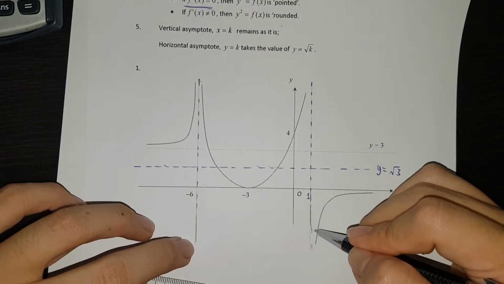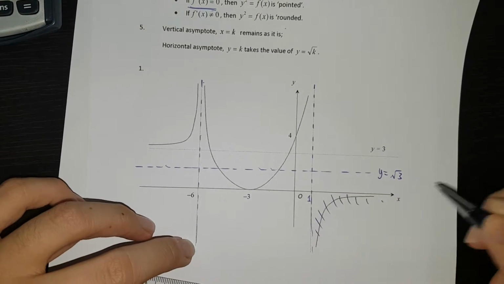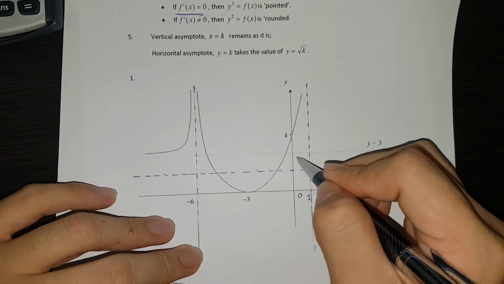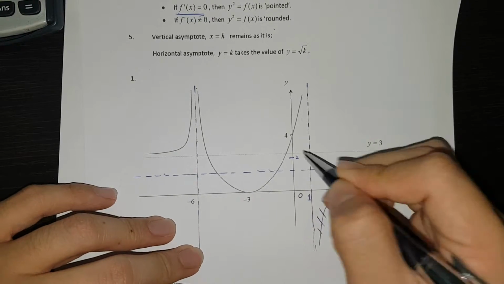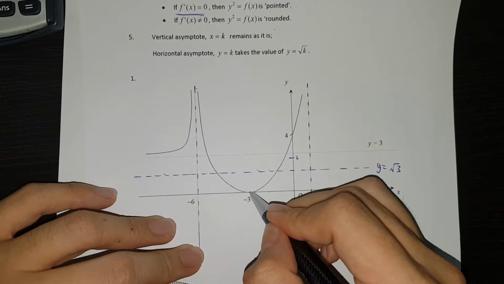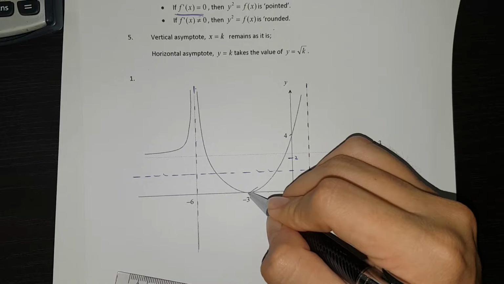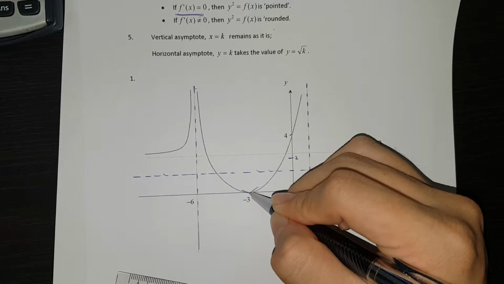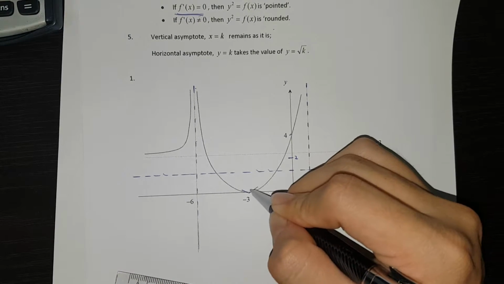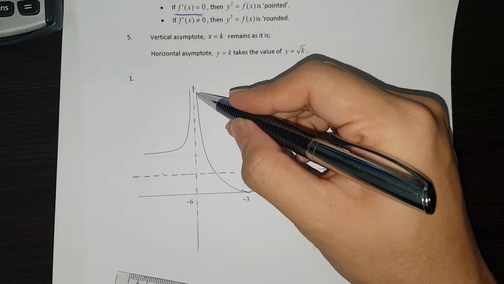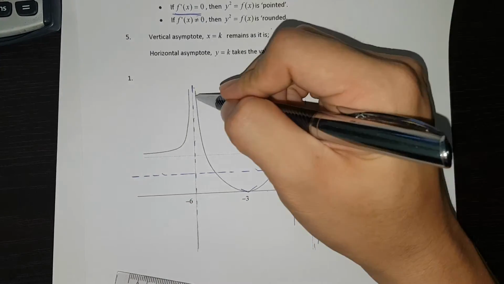This portion will be omitted, so you won't have it anymore. This graph cuts at 2, and here it should be pointed, so it looks like that. Pointed is like that, rounded is like that. This over here, from infinity, pointed, so it will look like that.